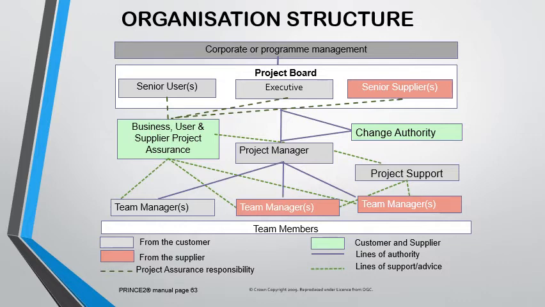So when it comes to handling and having authority over issues and changes, there's a bit of a change in that aspect. The team managers and team members have no right to authorize changes, but they can raise issues. However, when it comes to authorizing changes, the line of authority goes from corporate to project board to change authority, and change authority to project manager.